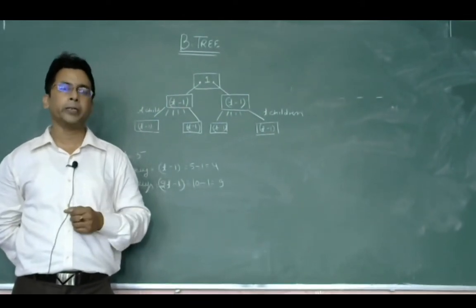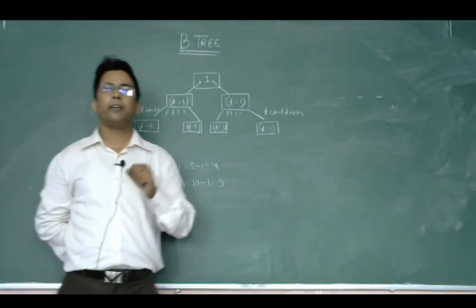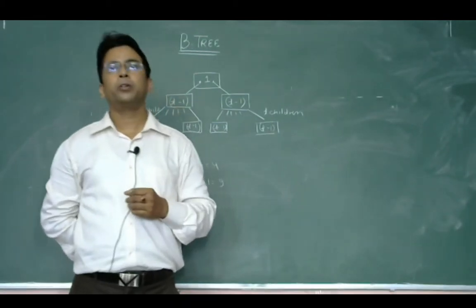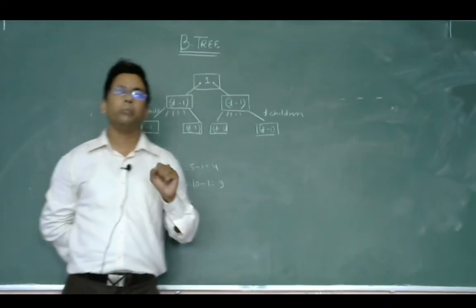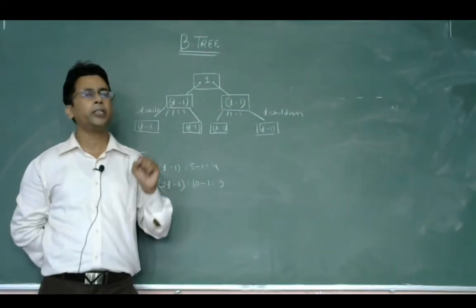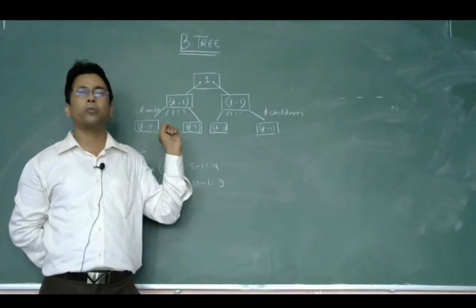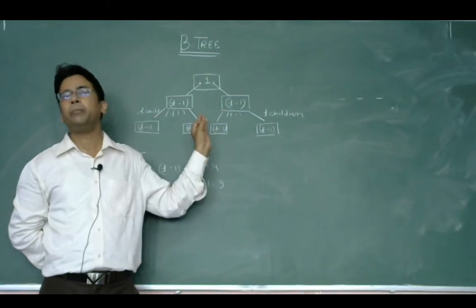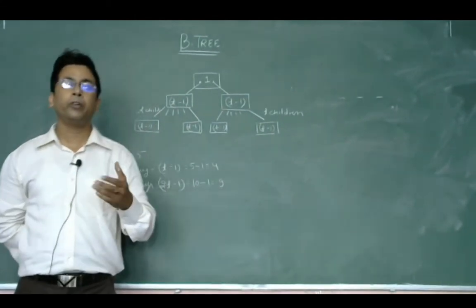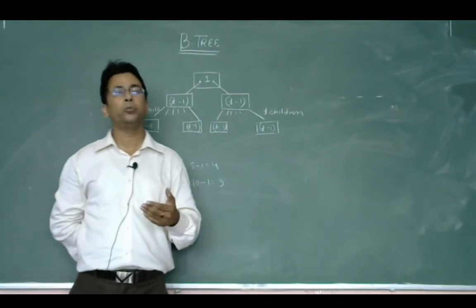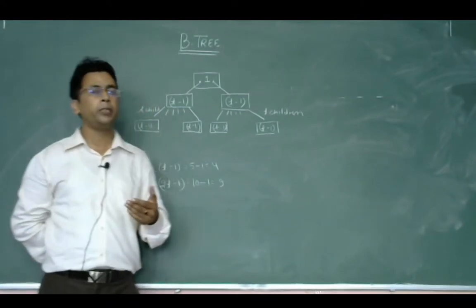To derive the solution, the maximum height would be obtained if we store the minimum number of elements at each node. If we store the minimum number of elements at each node, then we would need the maximum number of nodes to fill the total elements.